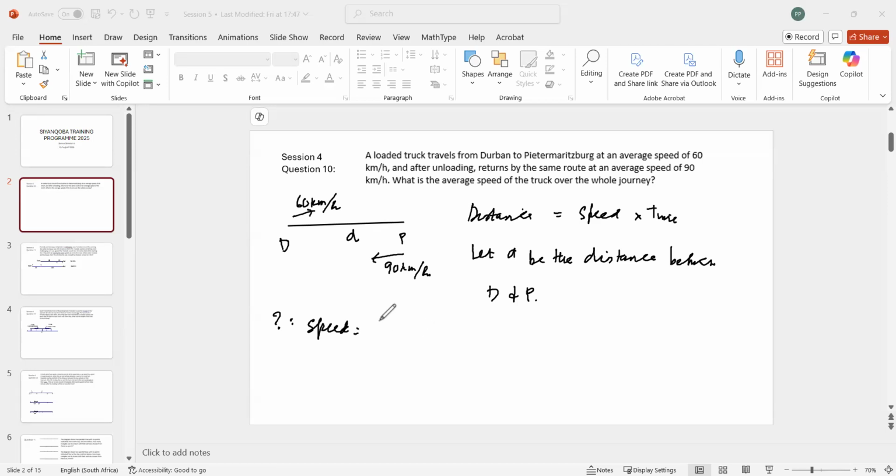The speed is equal to the total distance, which will be 2d over the time taken, because the average speed is distance divided by time. And the total distance for the whole journey is 2d. So you need to know how long did it take for the full journey.